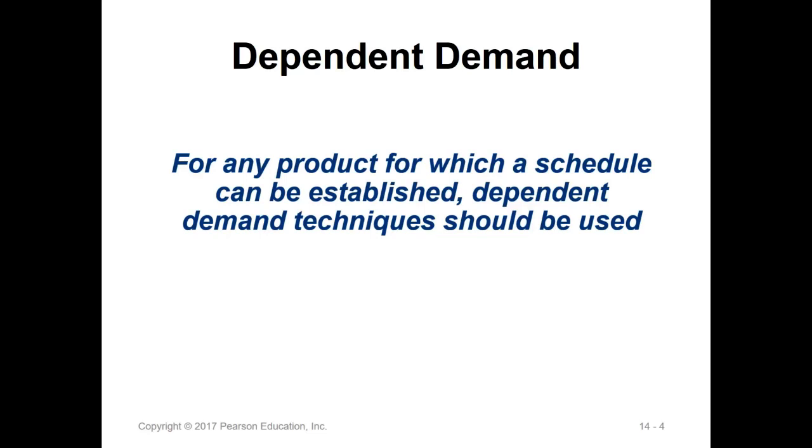Once you decide how many tractors, you can calculate how many wheels you need, how many engines you need, how many cabs, and even smaller items such as nuts and bolts. You can calculate how many parts will be needed.